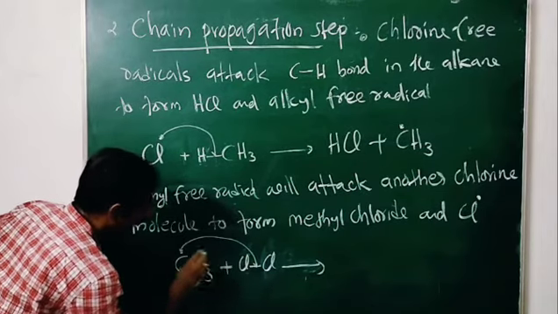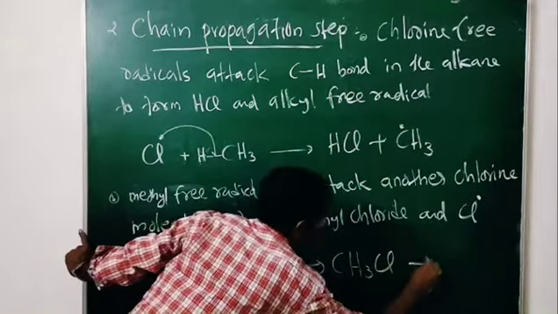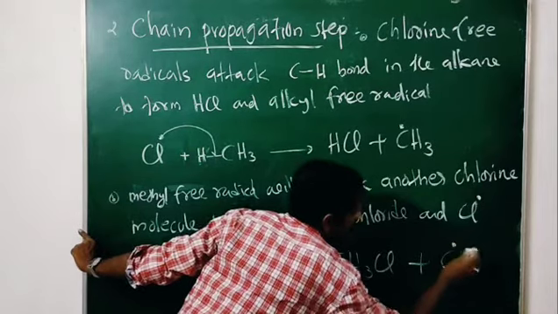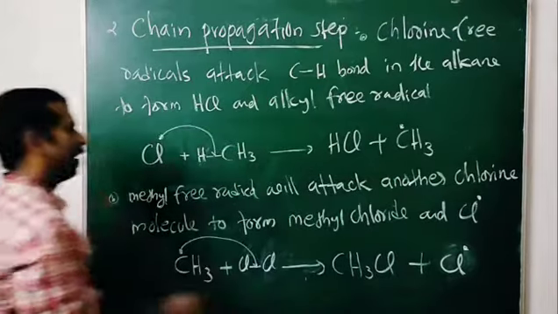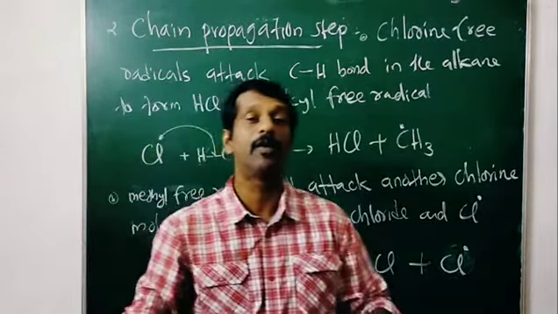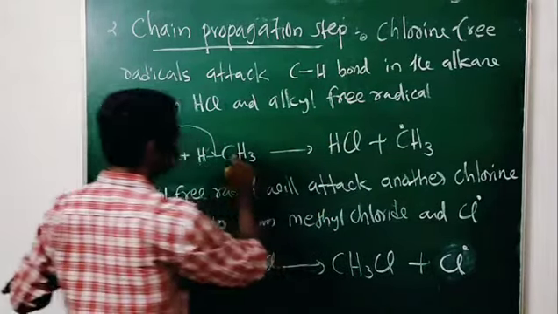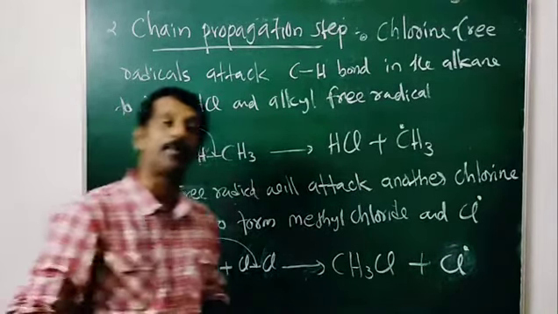That Cl free radical and CH3 free radical will join together, and CH3Cl will be formed, plus a Cl free radical. And now this step is repeating over and over again. Cl free radical is formed, and now it will attack another bond in this compound. So that process will continue.